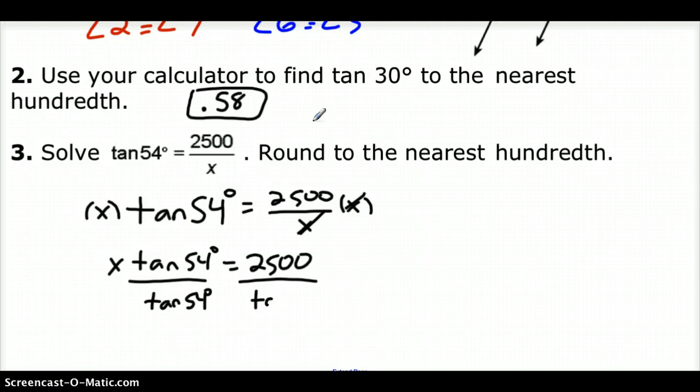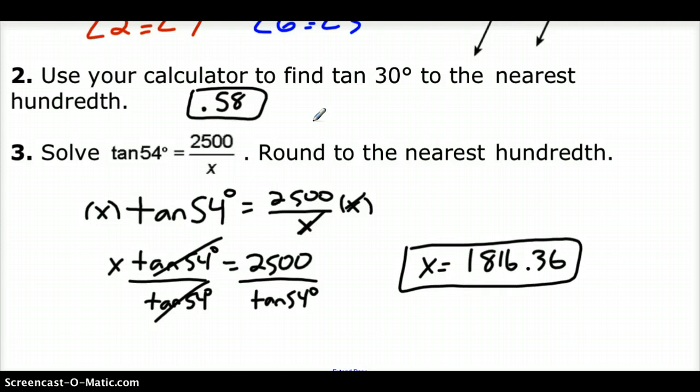The tangent of 54 over the tangent of 54 cancels, dividing to 1, so x equals 2500 divided by the tangent of 54 degrees. That gives me 1816.36 as my final answer, rounded to the nearest hundredth.